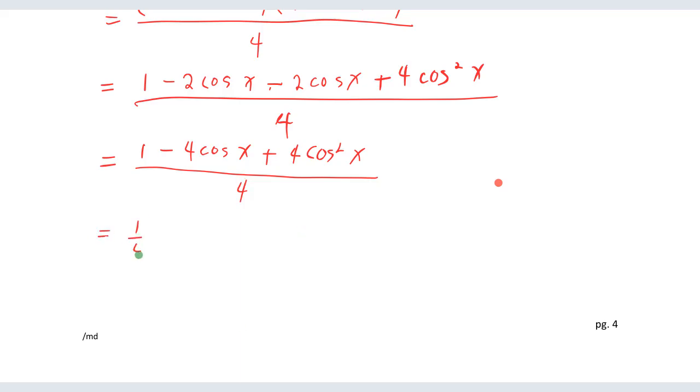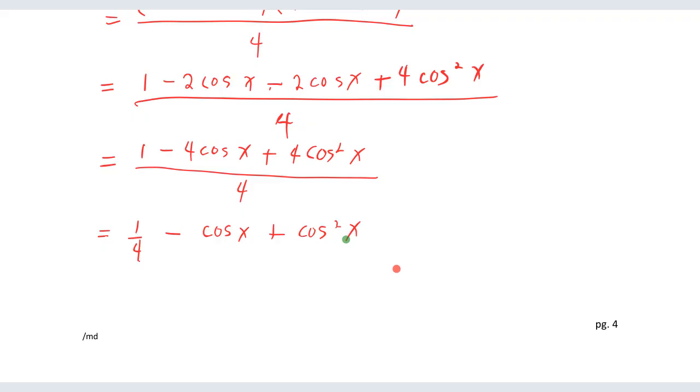So we have here 1/4 minus just cosine x plus cosine squared x. This is 1 over 4, this is negative 4 over 4, which is negative 1, and then 4 over 4 is positive 1 for the cosine squared x.